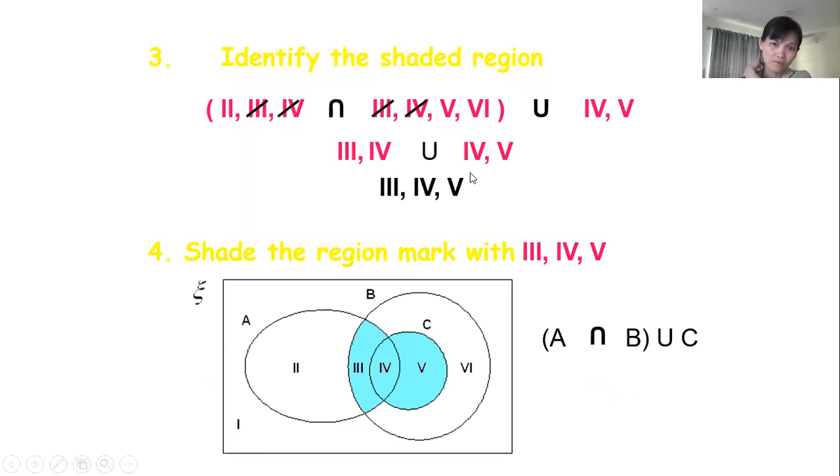Union means this one combined with this one. But the 4s here are the same, so we just write it once. So the answer is 3, 4, 5. Lastly, we shade the region marked 3, 4, 5. So we managed to get 3 marks.